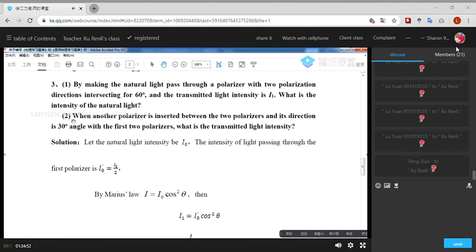For question 2, another polarizer is inserted between the two polarizers, and its direction is at a 30 degree angle with the first two polarizers. What's the intensity of the transmitted light?